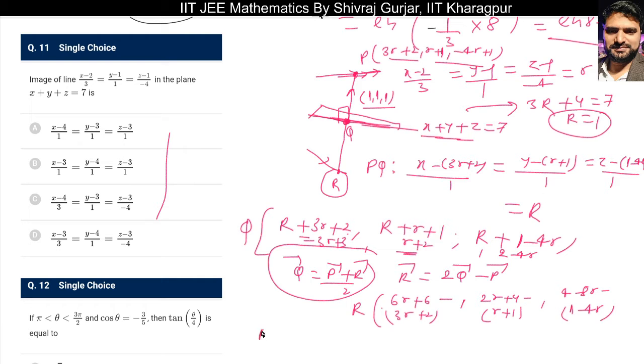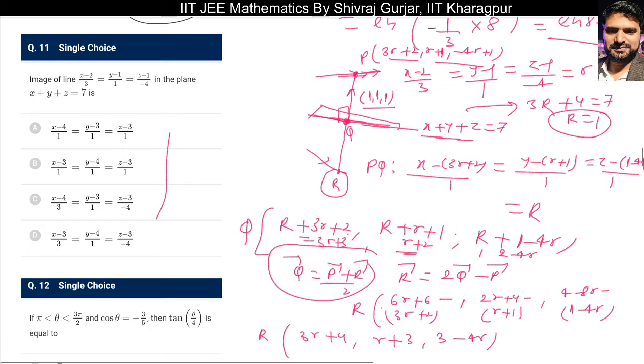This will be R. So R is 6r minus 3r, that is 3r, plus 4; 2r minus r is r, 4 minus 1 is 3; and 4 minus 1 is 3 and minus 8r plus 4r is minus 4r. So that is the coordinates of R.